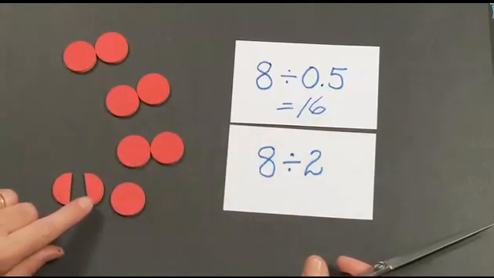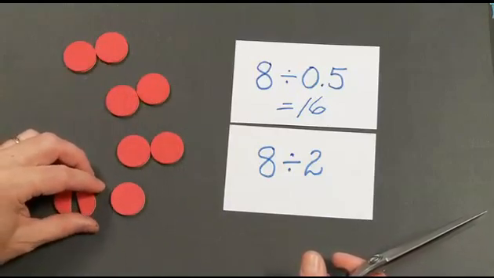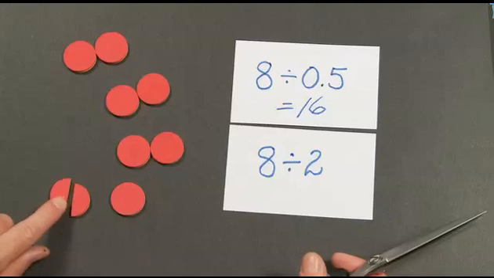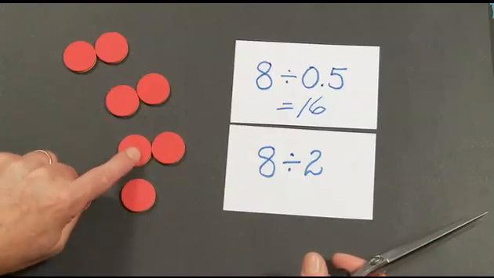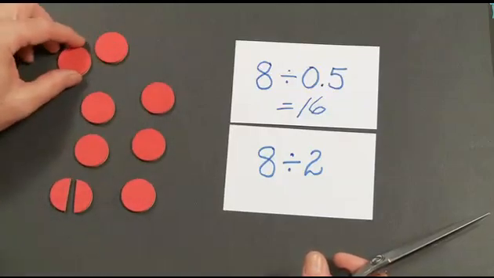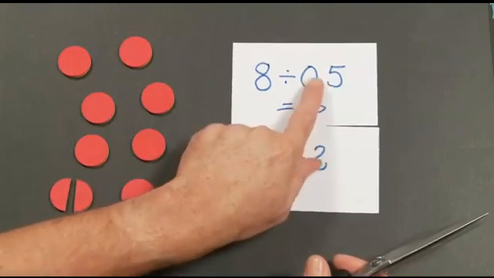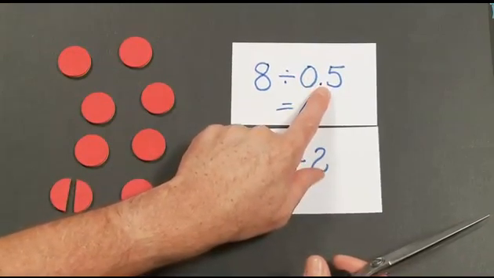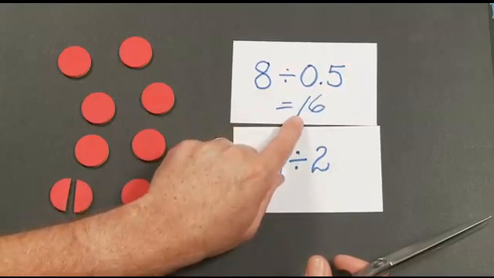How many halves can I make out of 8? Can you see that? Well, I've made 2 here, another 2 here, 4, 6, 8, 10, 12, 14, 16. Look at this. How many sections of a half? How many halves can I make out of 8? I can make 16.